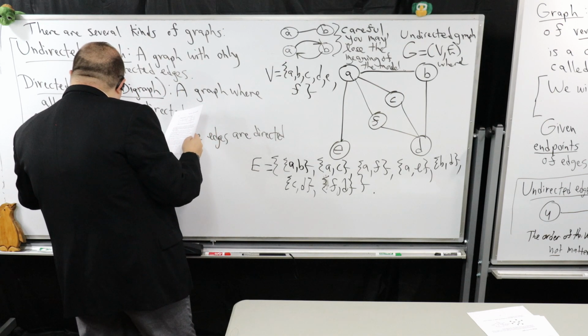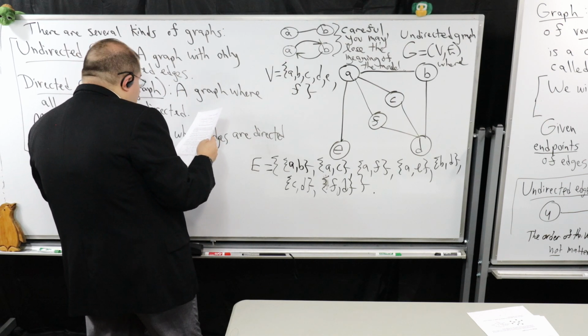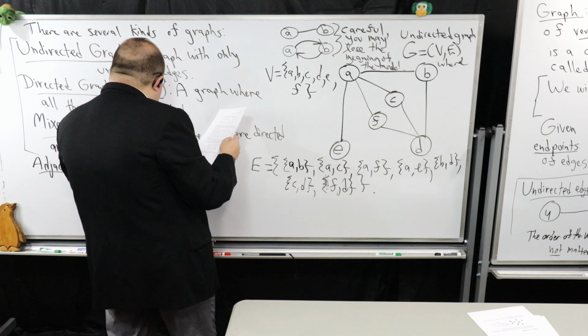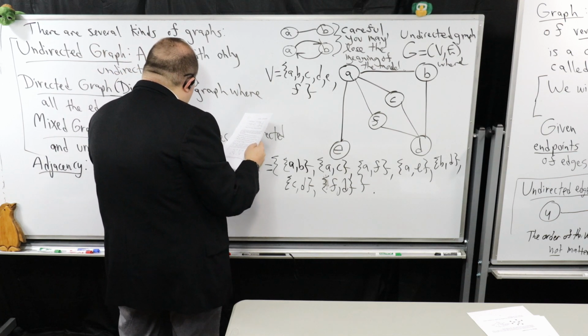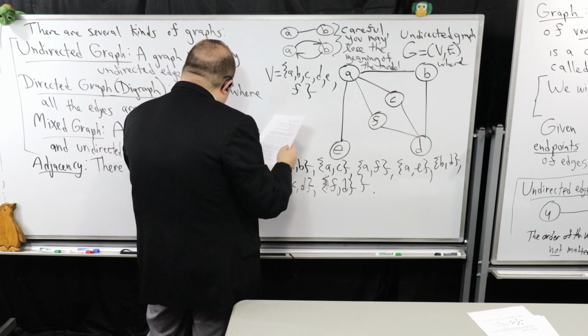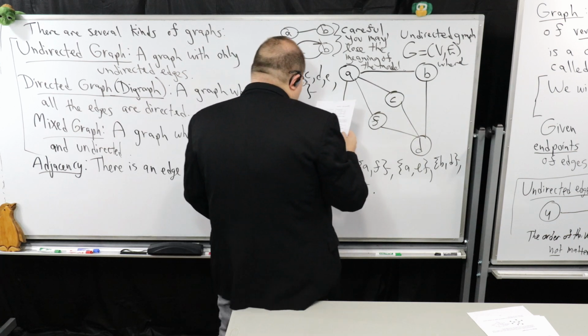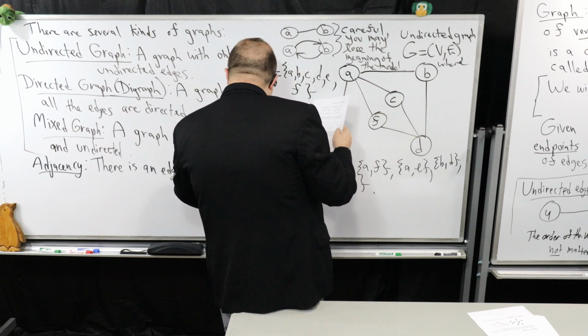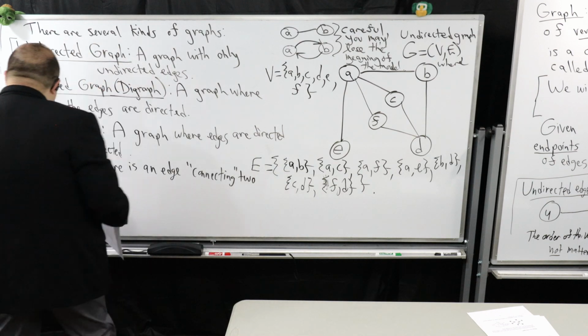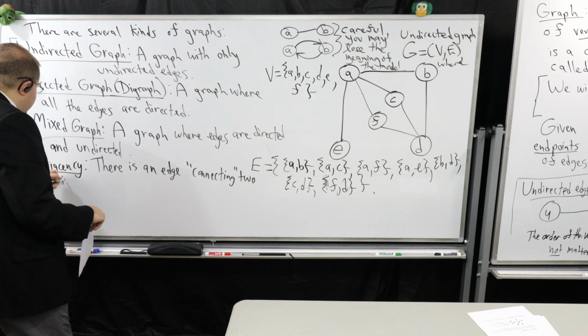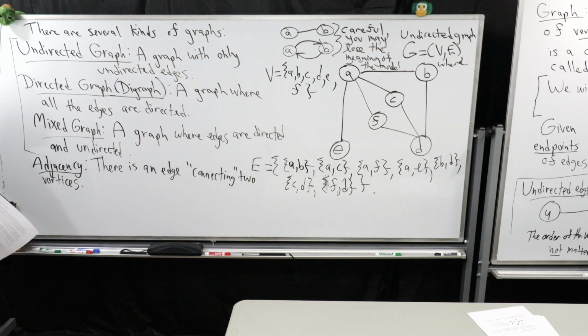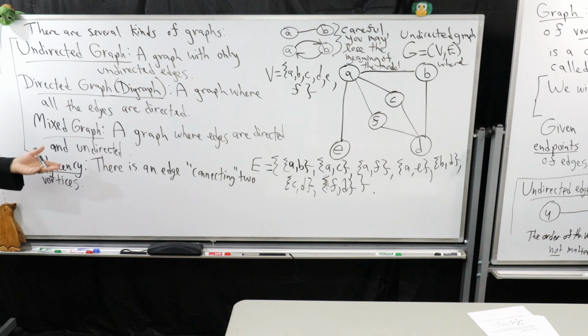So just to be a bit informal first, there is an edge "connecting" two vertices. I'm going to break this down into two cases, talking about an undirected graph and then a directed graph, or vice versa.